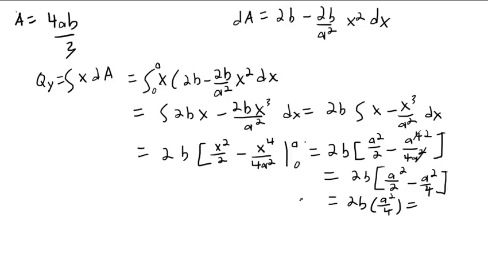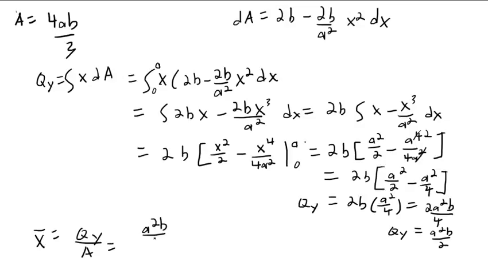And finally, qy in this case will be 2a squared b over 4, or a squared b over 2. That's qy. And then finally, x bar is equal to qy over A, which is a squared b over 2 over 4ab over 3, which is a squared b over 2 times 3 over 4ab.